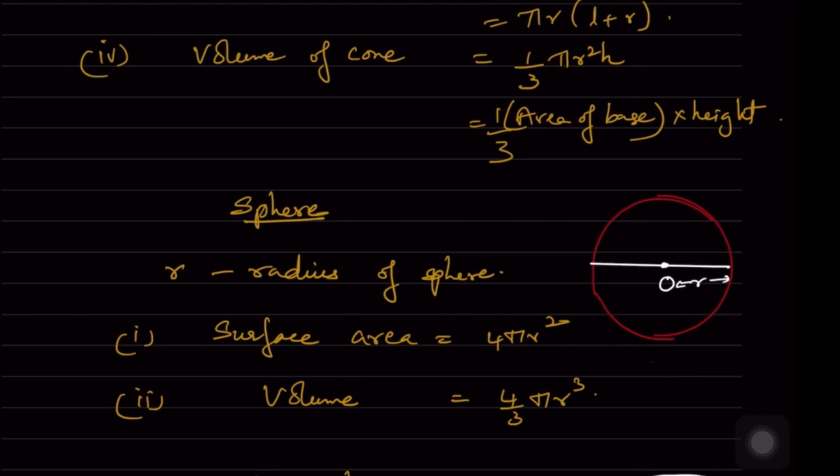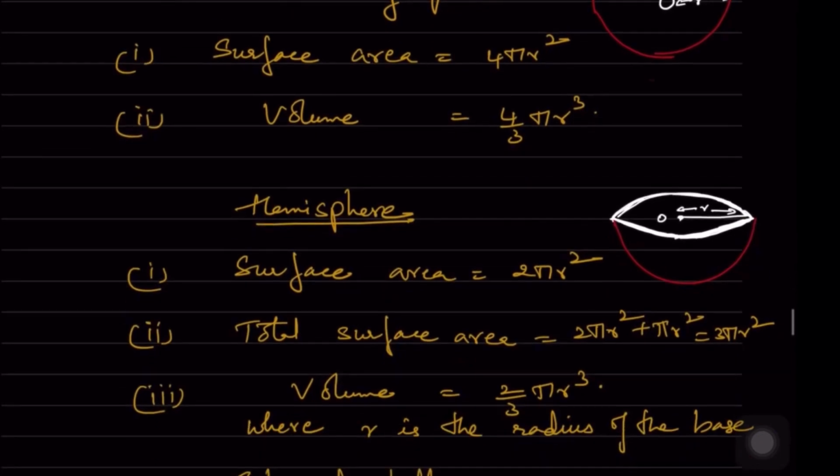Now next sphere, what is the volume and what is the surface area? Total surface area and lateral surface area are the same for a sphere, so r is the radius of the sphere. If r is the radius of the sphere, surface area is equal to 4 pi r square, volume is equal to 4 by 3 pi r cubed.